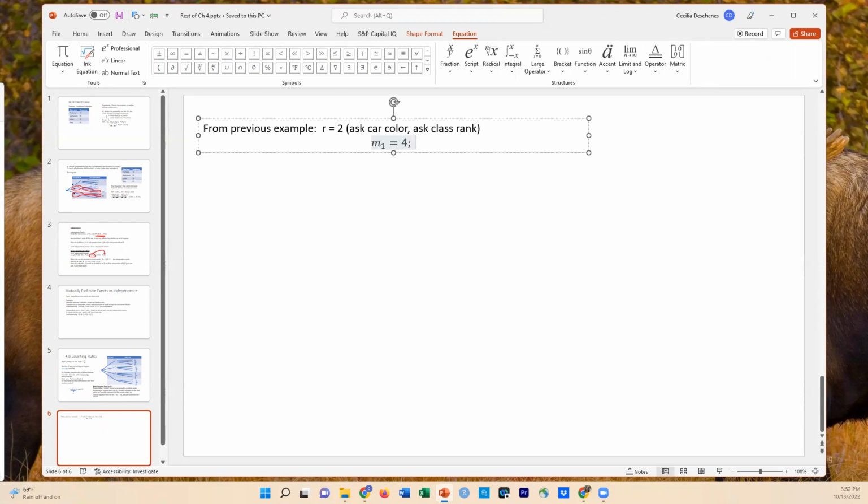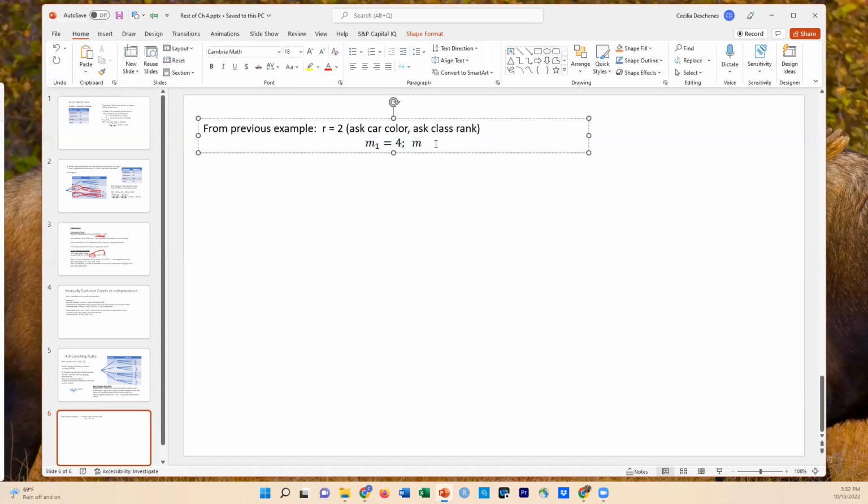The number of ways for the second action, class rank, was 3: either freshman, sophomore, or junior.